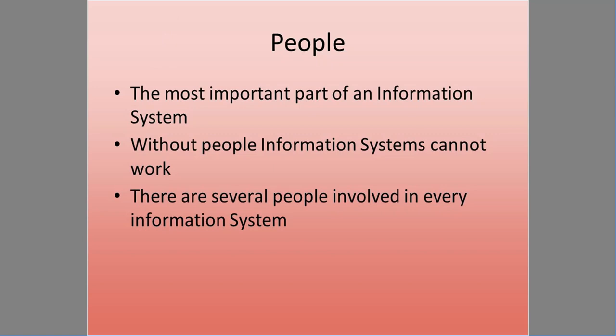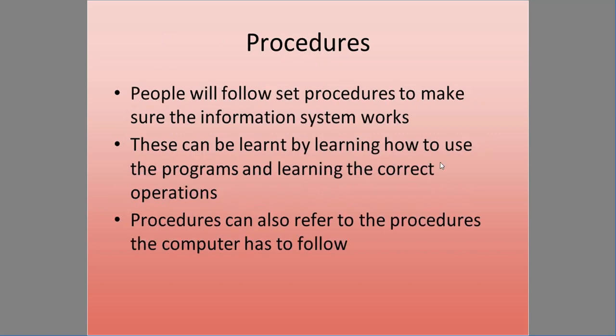On top of that, we also have procedures. Procedures can go one of two ways. We can have procedures that the human person will follow and ones that the computer will follow as well. People will follow set procedures to make sure that the information system works.